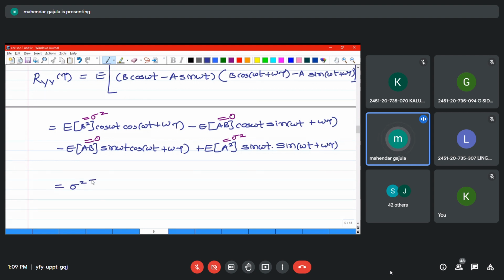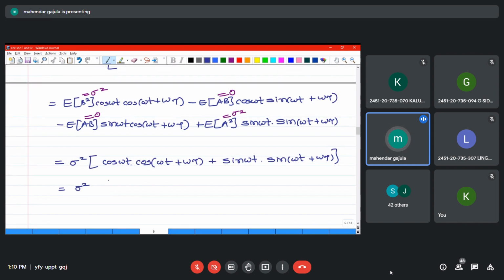Taking sigma square constant, it leaves us cos omega t cos omega t plus omega tau plus sin omega t sin omega t plus omega tau. So sigma square, again we get the same formula, cos A cos B plus sin A sin B equals cos A minus B. So cos omega tau. This is R double Y tau.